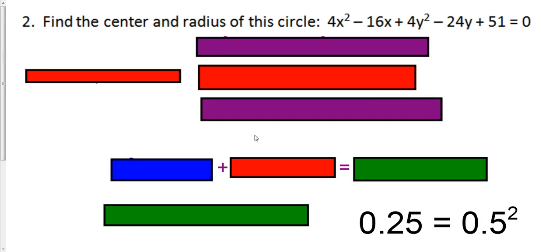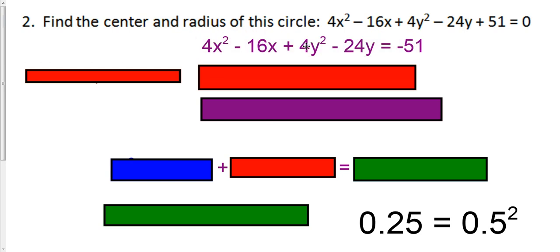Last example. Find the center and radius of this circle. Well, again, like before, we'll start off by taking away this constant, this 51, from both sides. So subtract it away, so it looks like this. Now, we always want our x squared and y squared pieces to be alone. And right now, they have a 4 out in front of both of them.